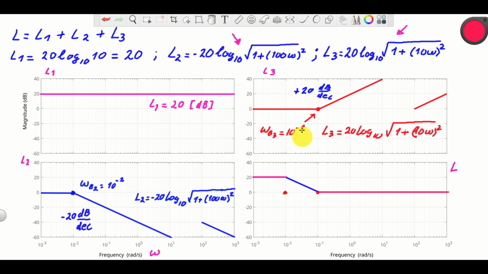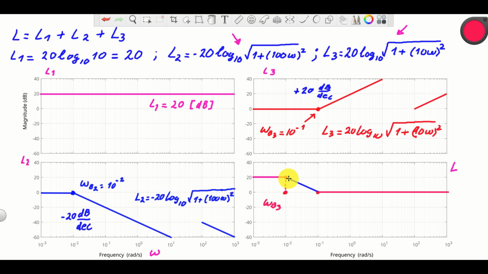To summarize, what's happening? Until this break frequency, that is WB3, we are approximating everything by a straight horizontal line. Then at this point over here, the function L2 kicks in with a slope of minus 20 dB per decade.